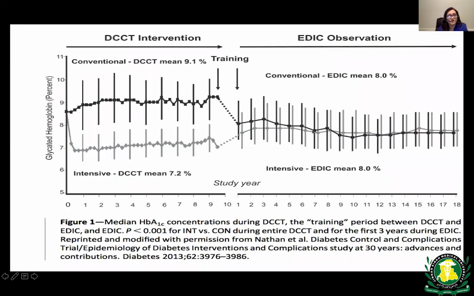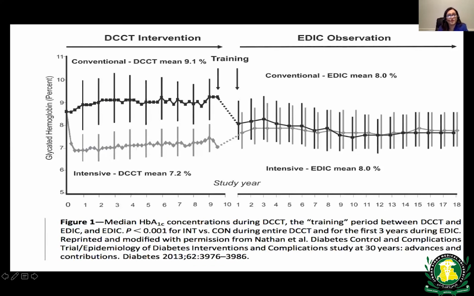This again shows that after the DCCT trial ended, the patients who participated in this trial were monitored long term for many years after the trial ended. And it was seen that patients who were getting the intensive control in the DCCT trial did much better in the long run, even after their trial ended, compared to the patients in the control group.